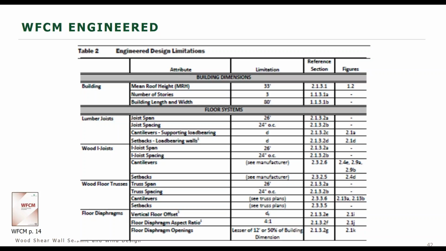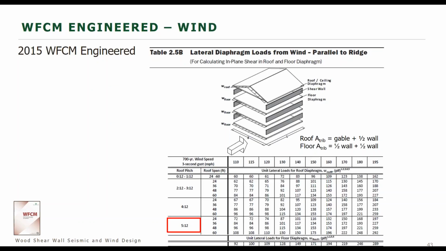We don't have tabulated solutions for exposure D in Chapter 3, but we can accommodate those in Chapter 2. So the engineered requirements in Chapter 2 of the WFCM allow us to calculate the loads that were assumed in the prescriptive requirements in Chapter 3.